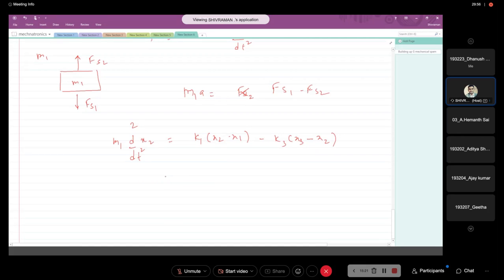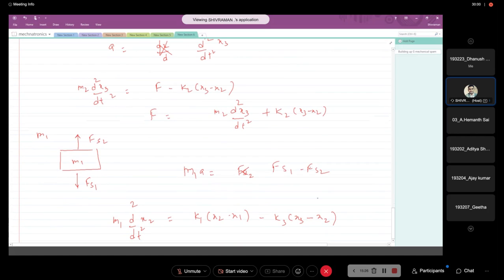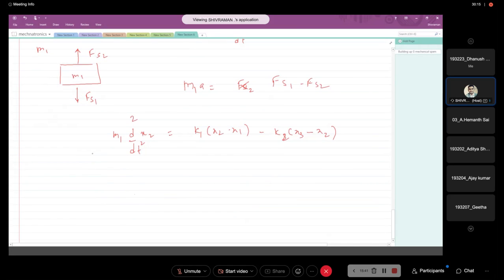Now you can clearly see that this minus K2 term can be replaced. How will you replace it?